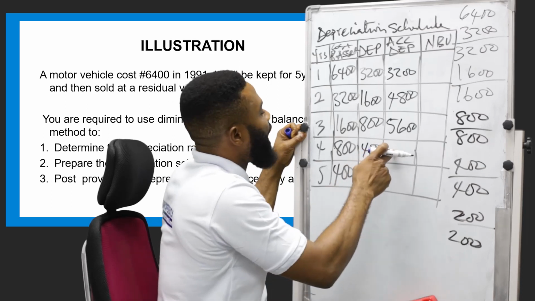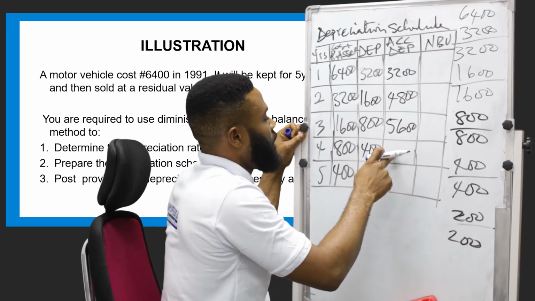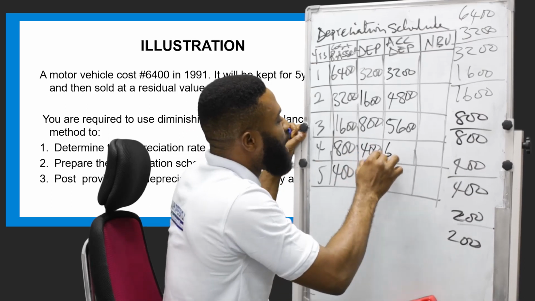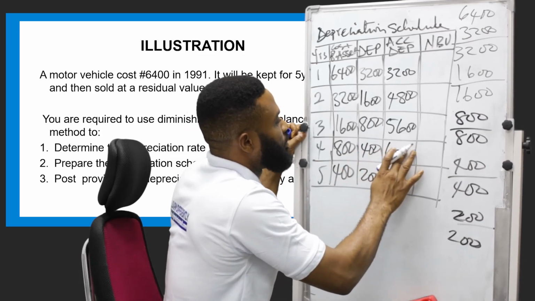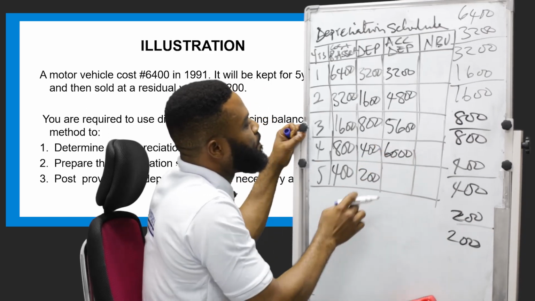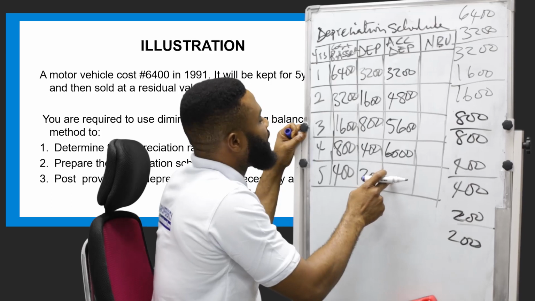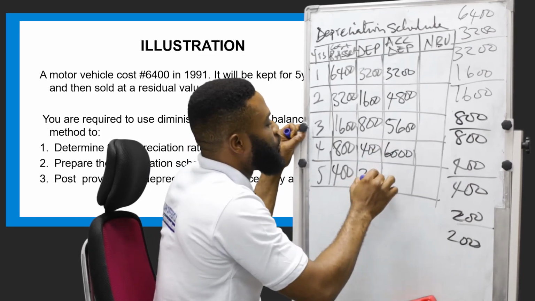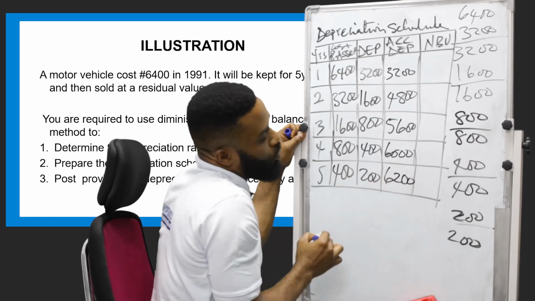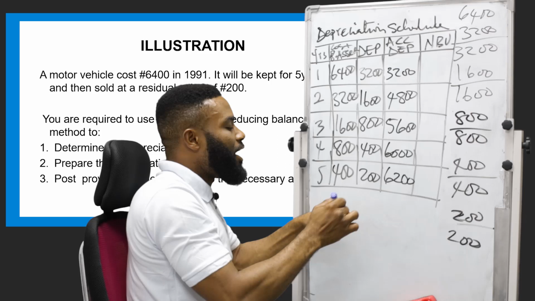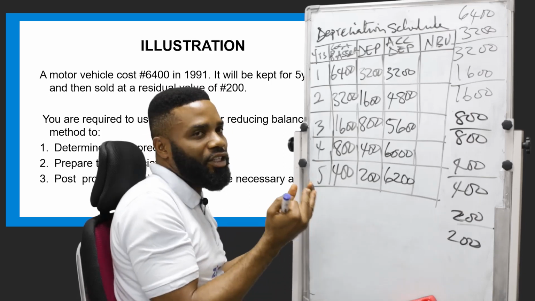And then for the fourth year, you're going to add 400 to 5,600 to get 6,000. And then to get the accumulated depreciation for the fifth year, add 200 to 6,000 to give you what? 6,200.